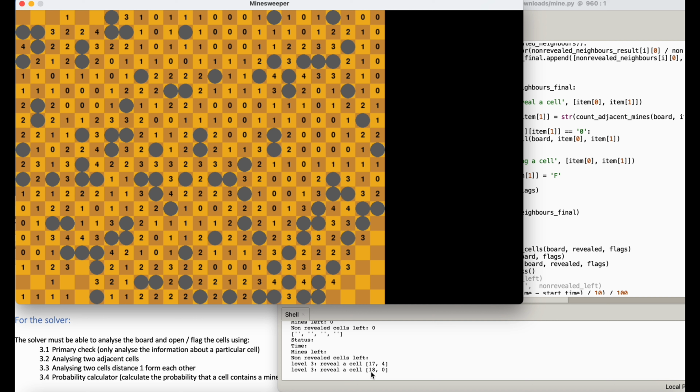We can also reveal a cell 18,0, which is this cell. We can also flag a cell 18,1, which is this cell, and we can see that it makes sense because, for example, this and this ones will have one flagged cell, and therefore this cell should be revealed.